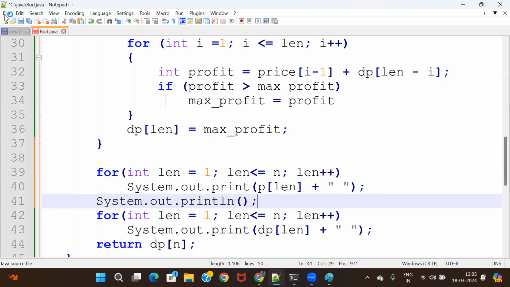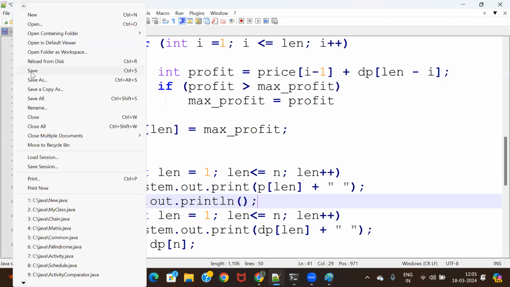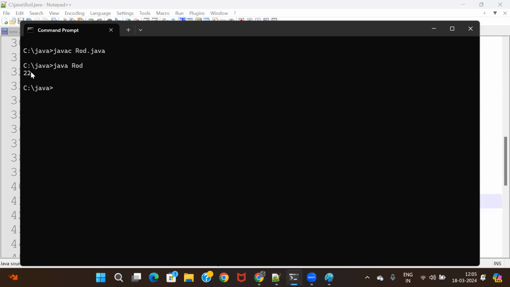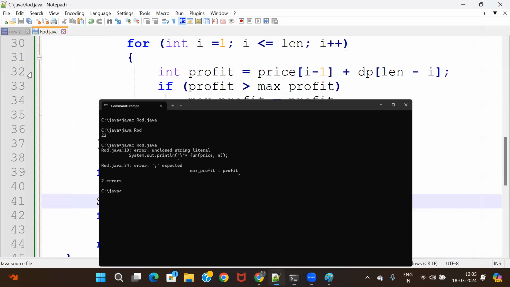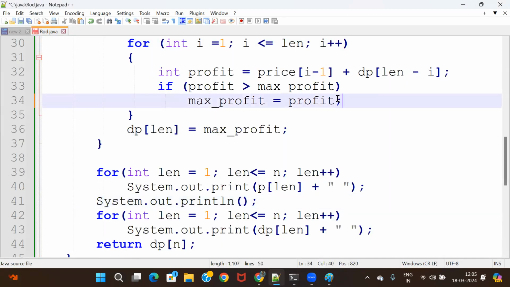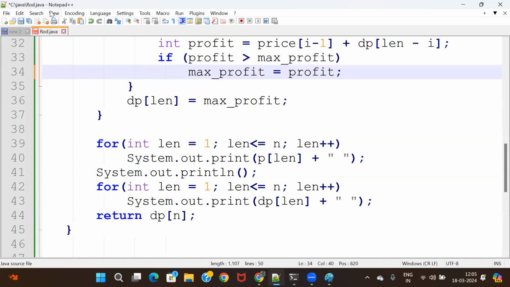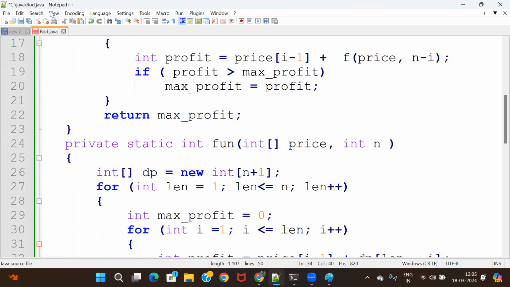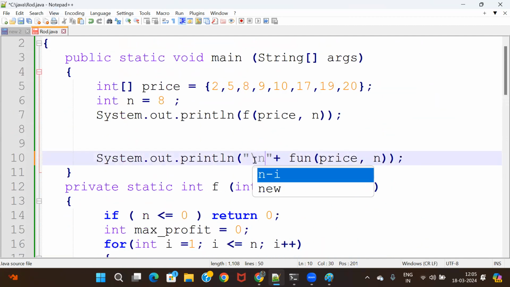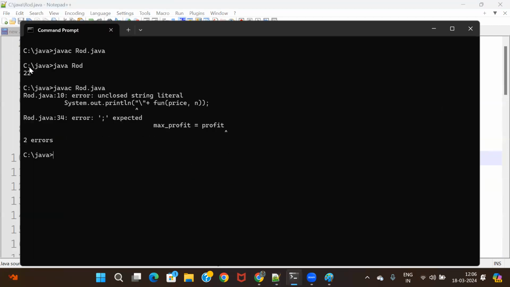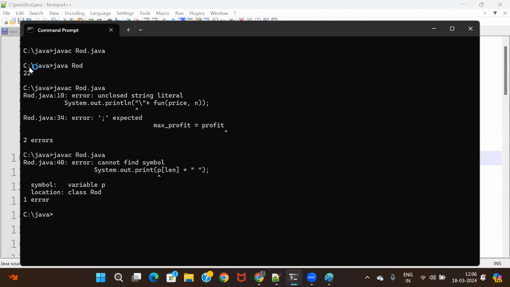Okay. So let us save and compile. Maximum profit is equal to profit. And what is wrong with it? New line character. Compile.